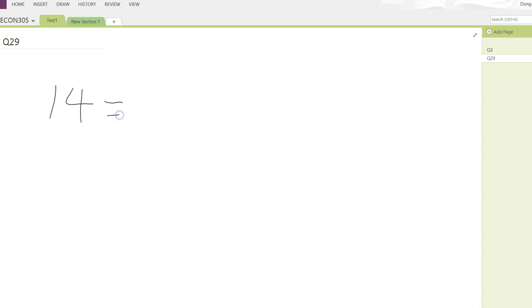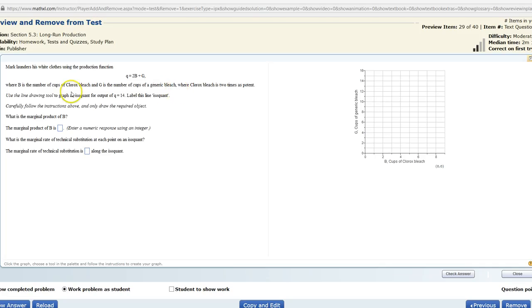14 equals 2 times B plus G, and B here is the cups of Clorox bleach, and G is the cups of generic bleach.